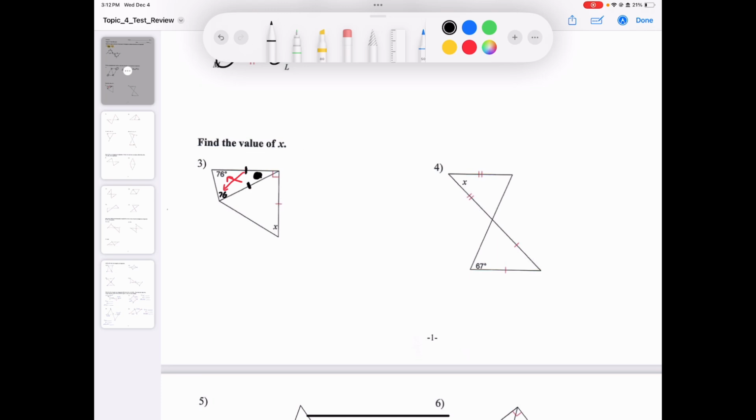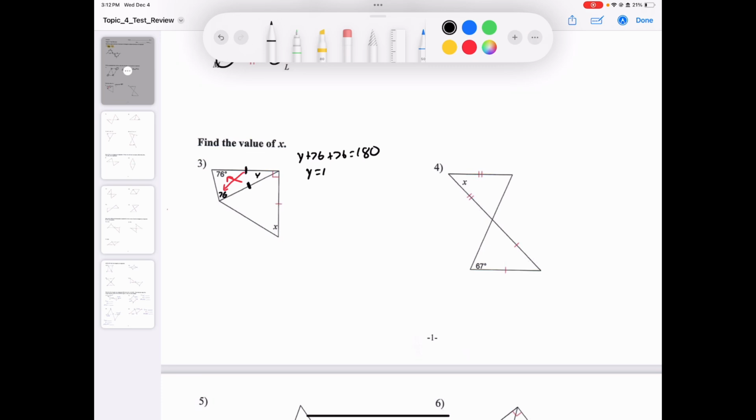So that piece there, let's erase that and let's call this, I don't know, let's call it Y. So Y plus 76 plus 76, that's got to equal 180. 76 plus 76 is 152.